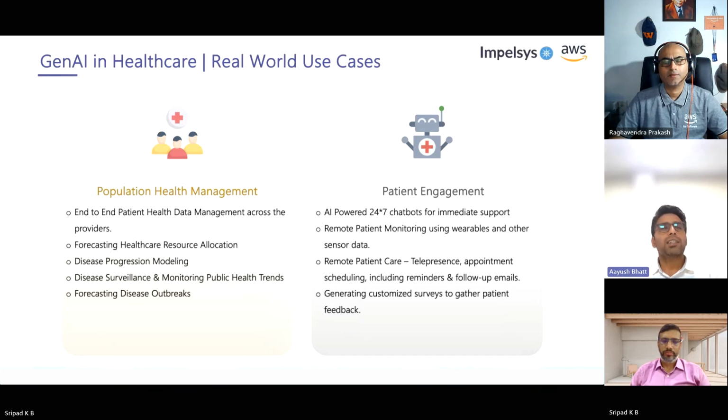And lastly, from the patient engagement point of view, this is again one of the most impactful areas of Gen AI in healthcare, because in real world scenarios, Gen AI can be very useful in automating basic tasks like scheduling appointments, scheduling tests, sending reports across, creating virtual or smart AI assistants, and setting up follow-up reminders. These are the common tasks which Gen AI can do for patient engagement.